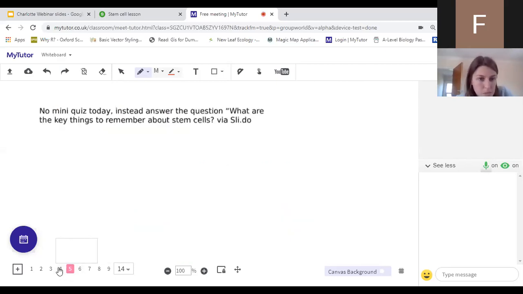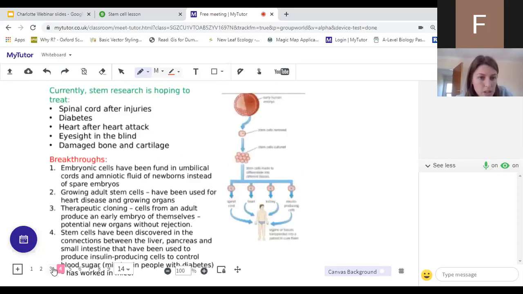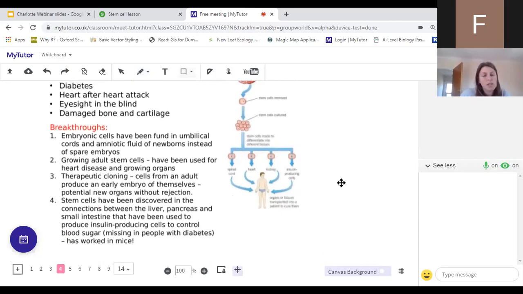Yes, no problem. Let me move back to this slide. So therapeutic cloning is when cells from an adult are used to produce an early embryo of themselves. So cells from the patient are used to produce embryo, or to produce embryonic cells.